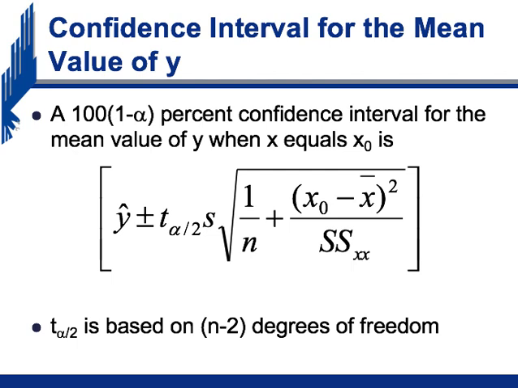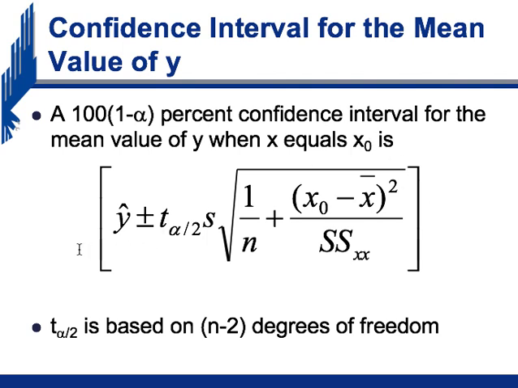So we can construct a 100 times 1 minus alpha % confidence interval for the average of y when x is equal to a particular value. So using this formula, we can estimate the range of possible values for the average of y when x is equal to a certain value x sub 0.